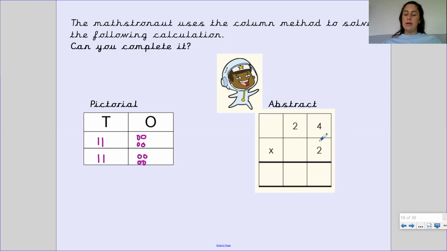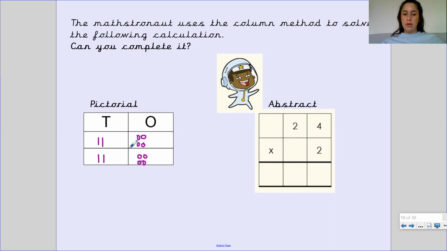Okay, how would I then represent this using the abstract column multiplication method? We start with the ones first, which also represents 2 times 4. If we look here, we're multiplying the ones column.